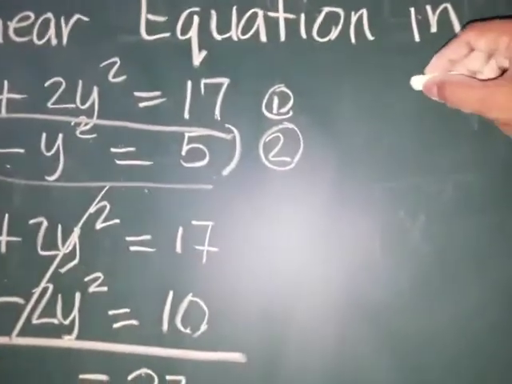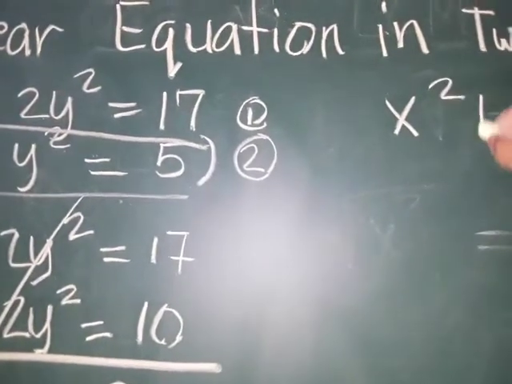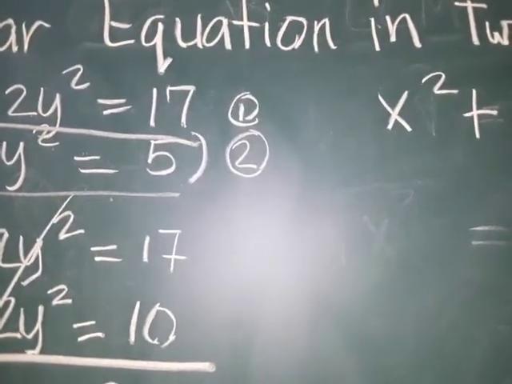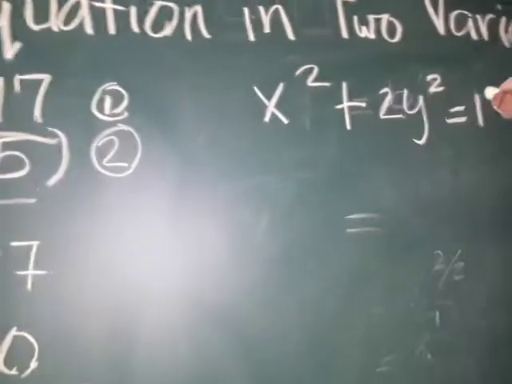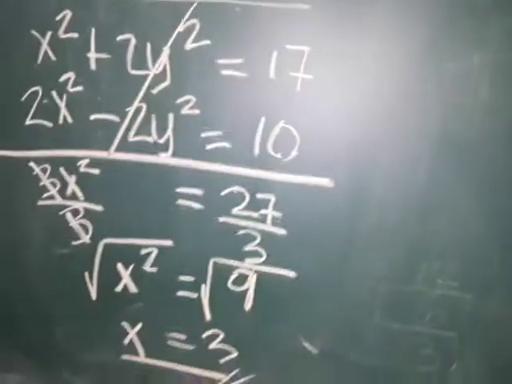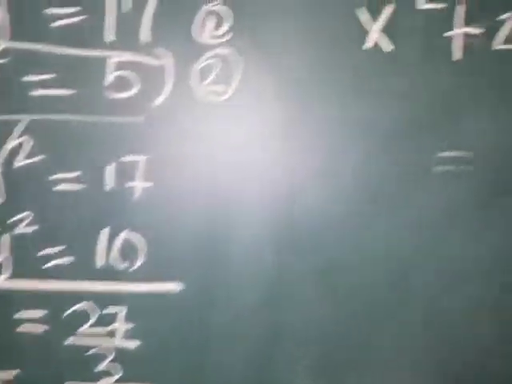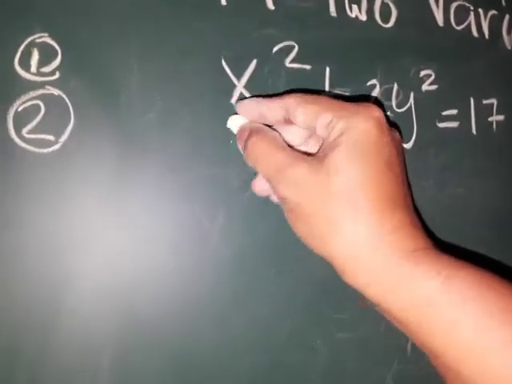So x squared plus 2y squared is equal to 17. Our x is 3, so substitute 3 for x.